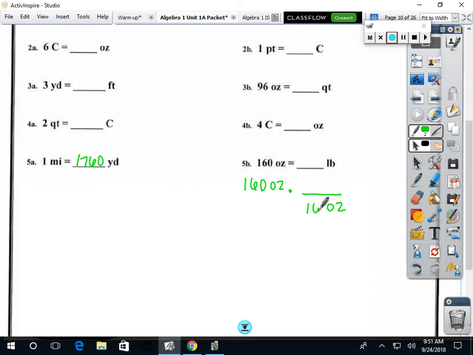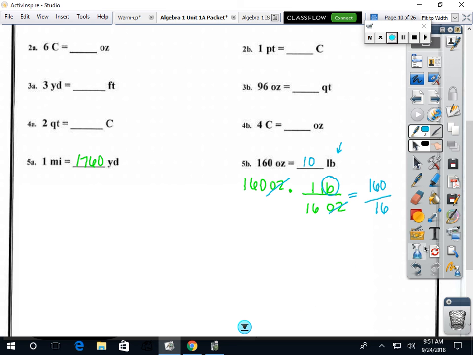Correct. 16 ounces equals 1 pound. So now we've made it to the desired units, pounds. So we can cancel out ounces with ounces. In the top, you just have 160 times 1. In the bottom, you just have 16. So that would be 10 pounds. It's the same thing as 160 ounces.